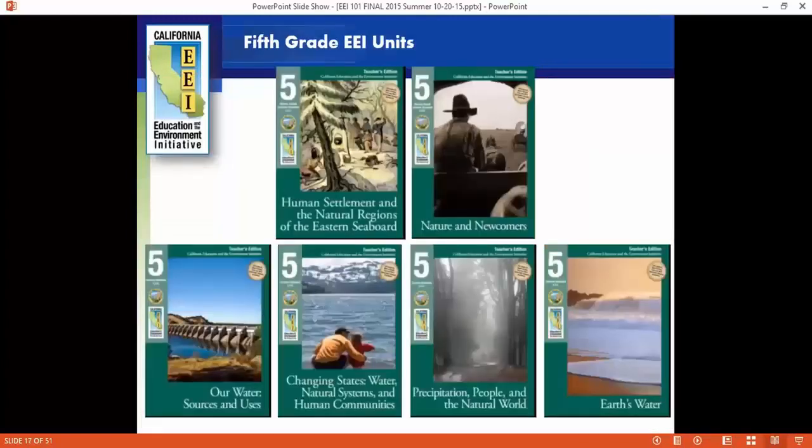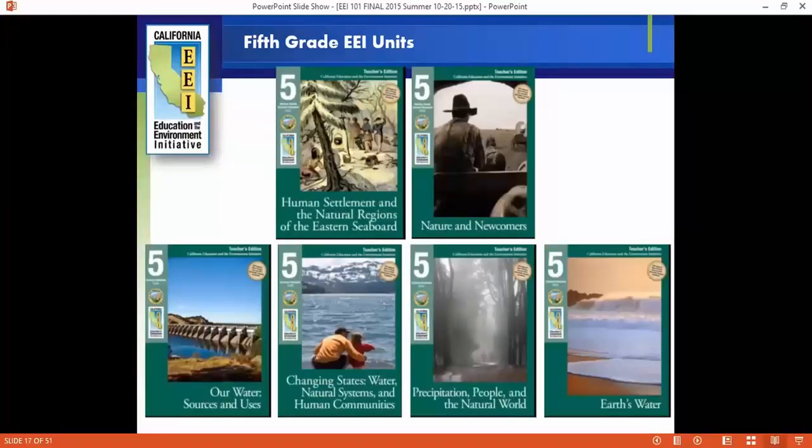Well, let's move on to fifth, where if you teach fifth grade, you know there's a heavy emphasis in science on water units. And with the drought going on right now, these have become very popular units as well. But you know, the human settlements and the natural regions of the eastern seaboard, really interesting unit too.